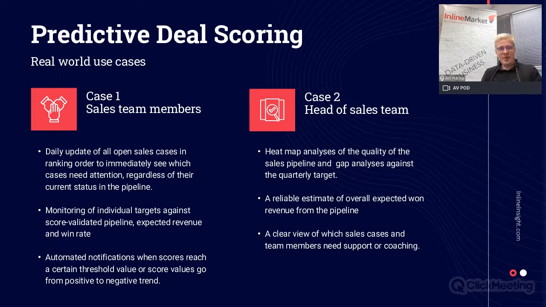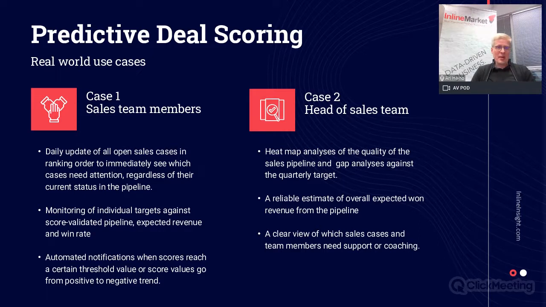A couple of good real world use cases that I also wanted to bring up here, because like I mentioned earlier, you can look at this from two perspectives: the end users, the team members, or the head of sales team. From the sales team members' point of view, like I said, you get a daily update on how my deals or opportunities are ranking, where to put my focus.